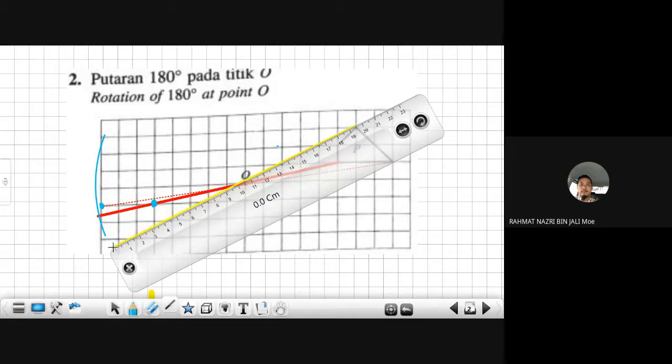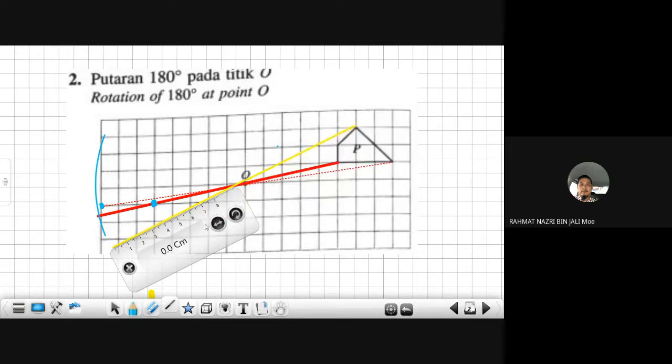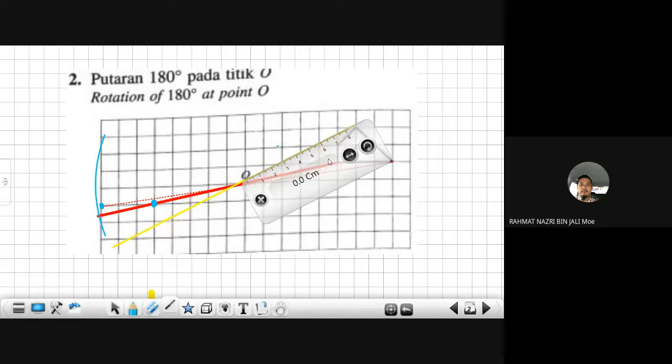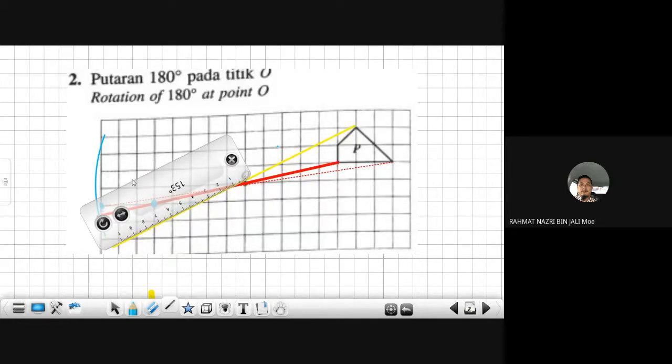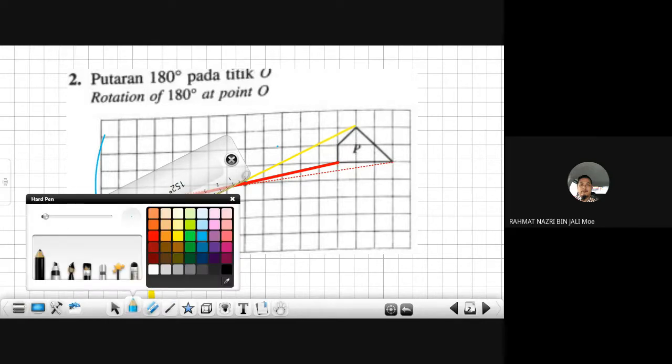Make it long. Okay, and then we identify how long it is. Berapa tadi? 9. Okay, determine the distance 9. Okay, so the image will be here.